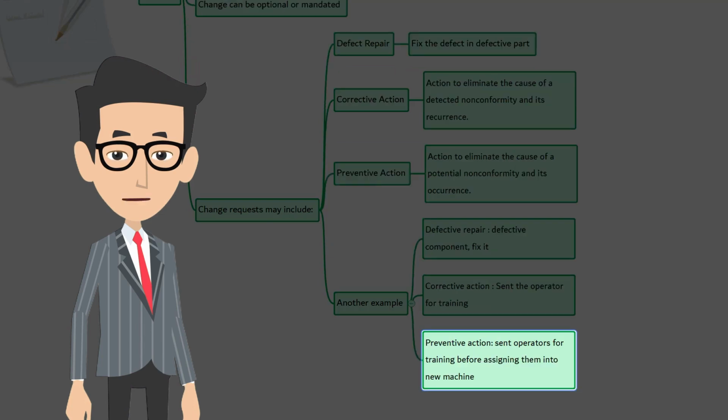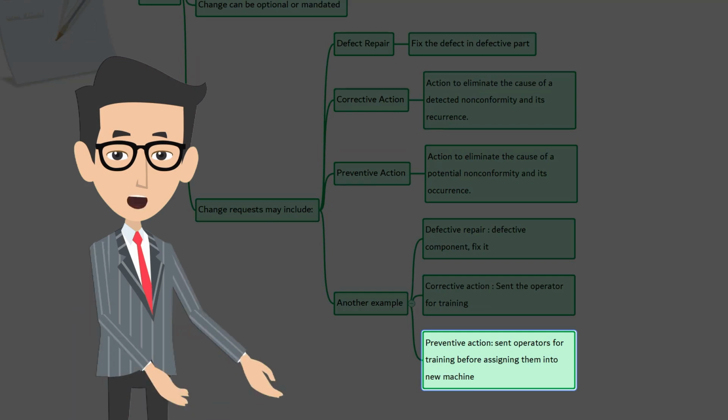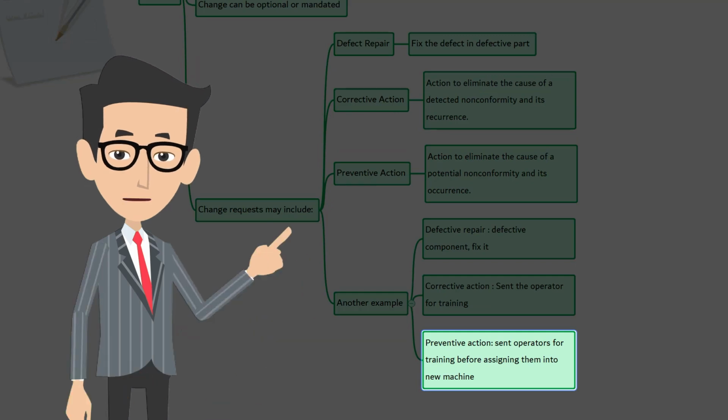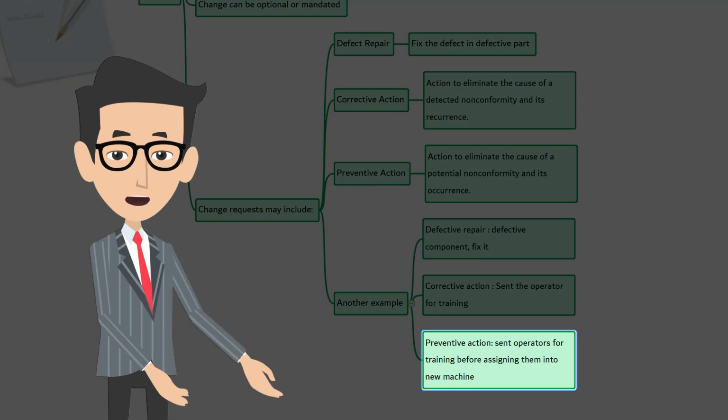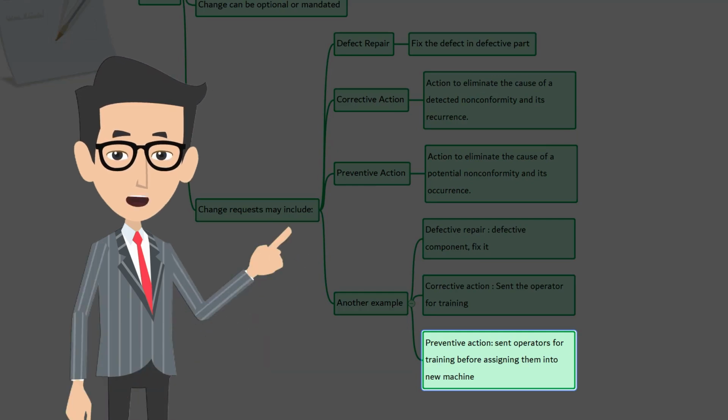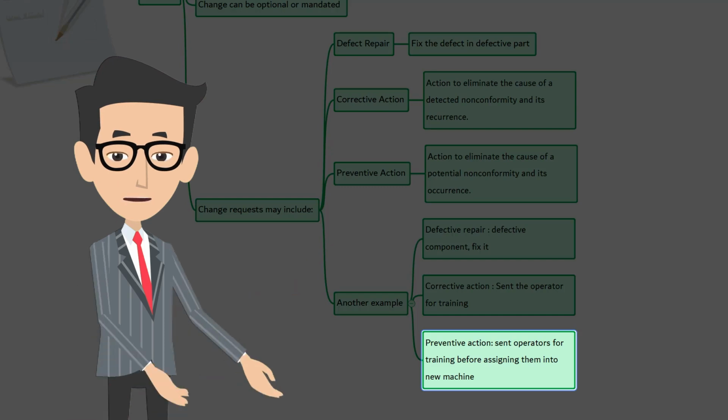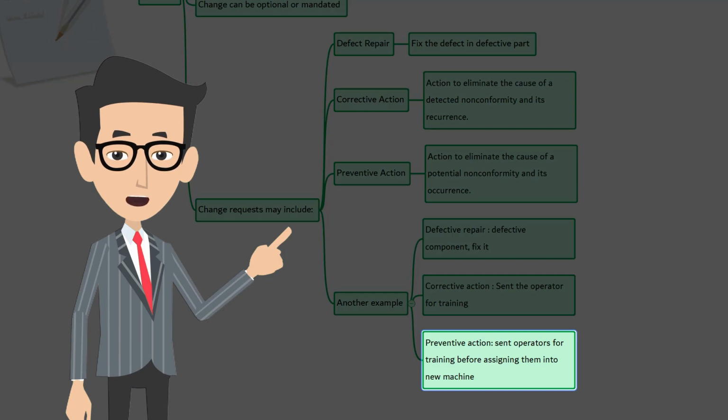Going forward, you set up a process so that whenever there is a new machine brought into the assembly line, the relevant operators should go for proper formal training. Here, you took action even before an error occurred because you expected a potential non-conformity. This is preventive action. I hope this clarifies defect repair, corrective action, and preventive action.